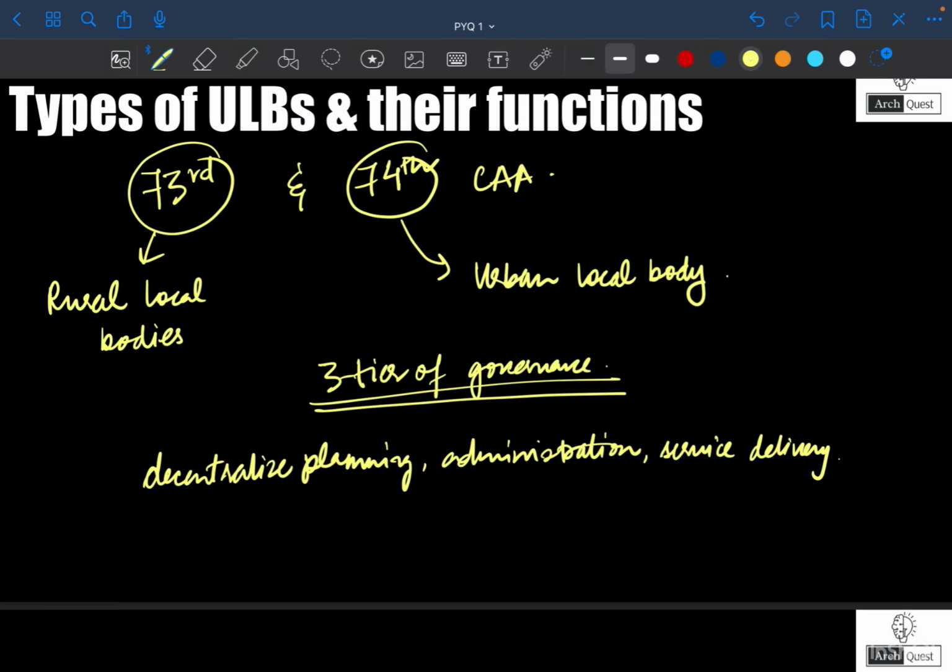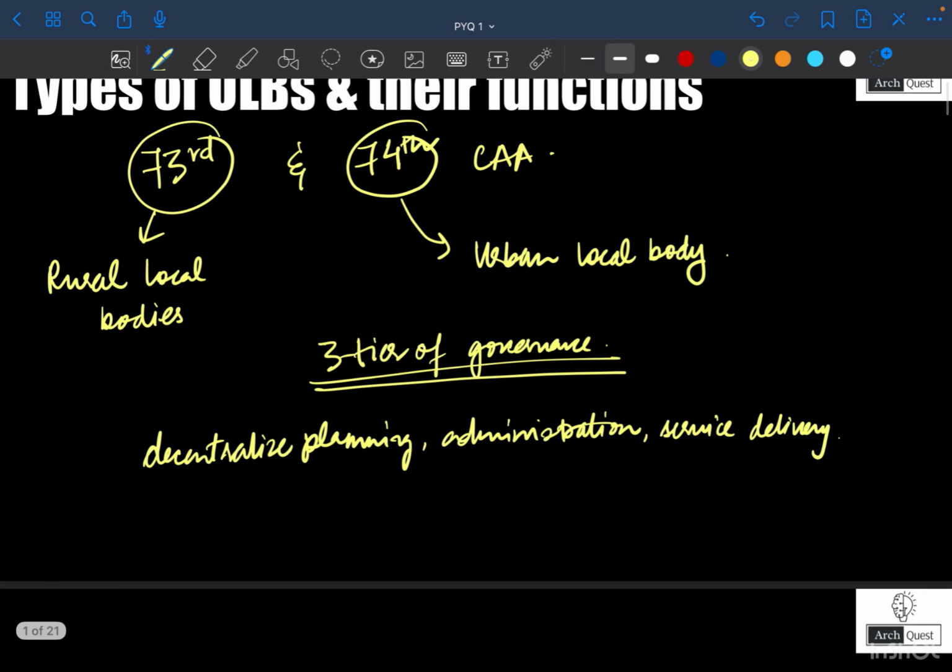Initially, all the responsibility was vested in the state government. So it burdened the state government, and hence it was very important to decentralize the power. Hence, the 73rd and the 74th Amendment Act came into the picture.